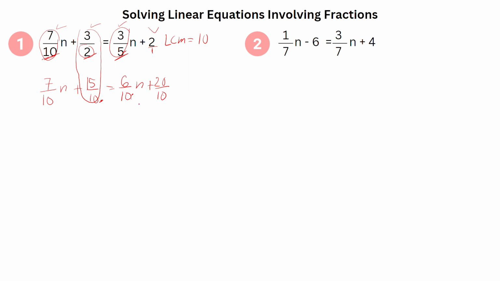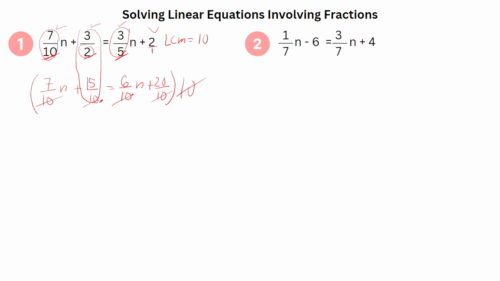And then what do we do next, sir? Actually, we can do some magic here already. I can cancel out all the 10 there. How come, sir, you cancel that? Actually, when you multiply all these numbers here with 10, all the denominators of 10 will be cancelled.